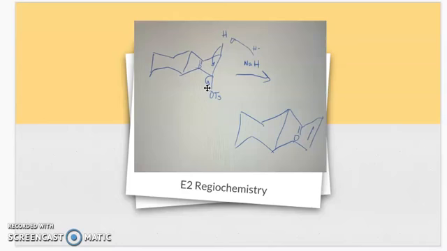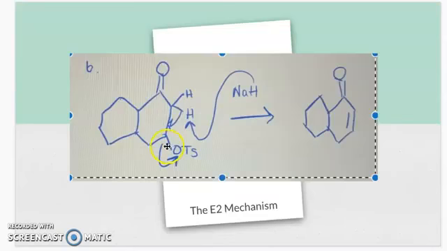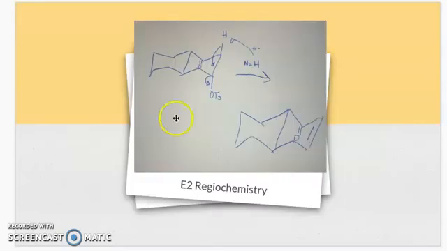So in this reaction, we also have two cyclohexane rings, which you can see here, and you could see here originally as well. I just switched this to a chair conformation, so it's easier to understand why this reaction proceeds the way it does.